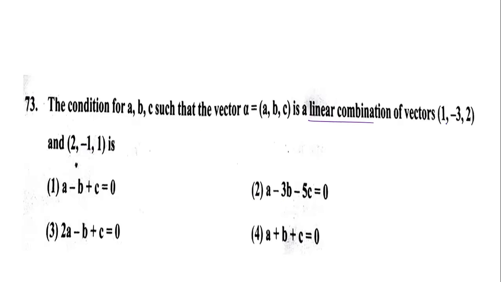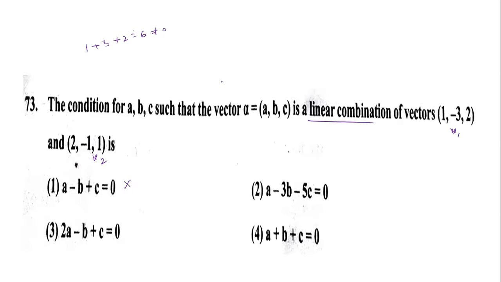Let's take any vector v1 or v2. Substitute these values, you get 0. That is the right option. Take any one option: 1 minus of minus plus 3 plus 2, it is 6, not equal to 0.